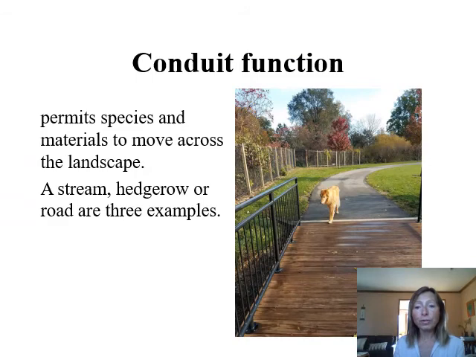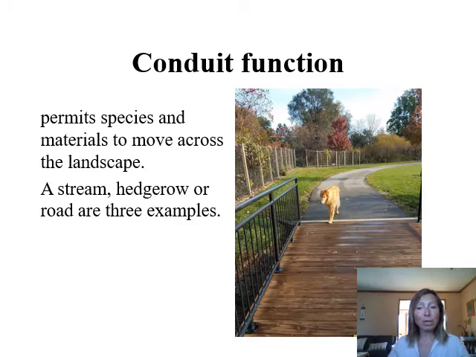The conduit function is perhaps the most obvious and is very well understood. Examples of conduit corridors include streams or hedgerows or roads. All these linear features allow species or various materials to move across the landscape. We all are using corridors that perform this conduit function every day without really thinking about it.